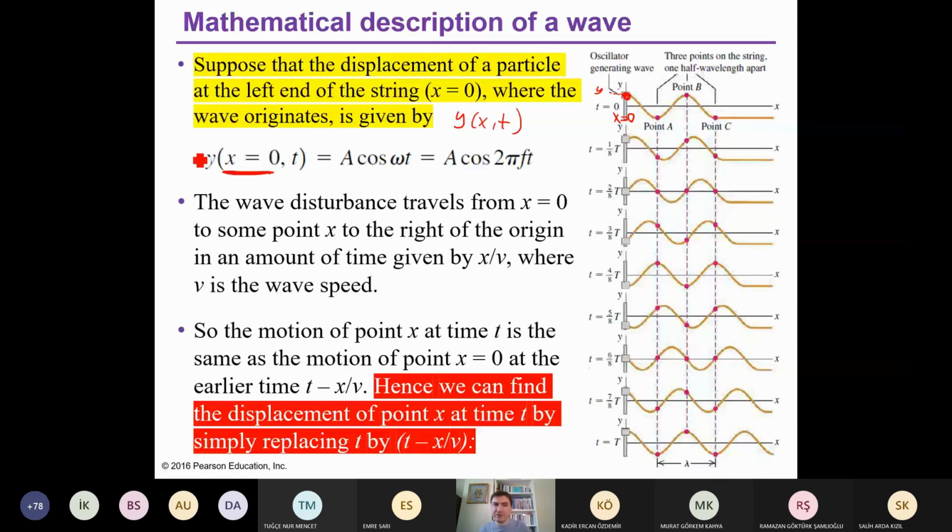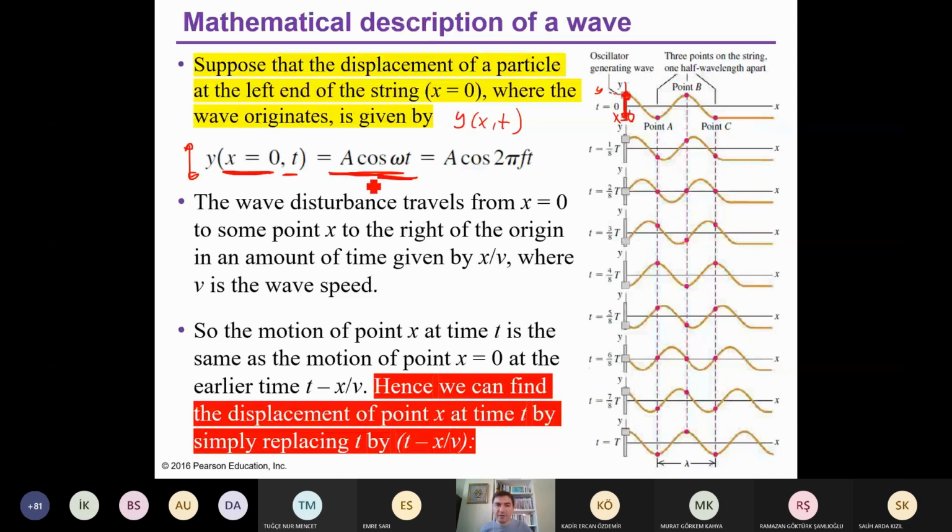This y position of the particle will change up and down with time. This motion is given with a cosine omega t, which we found during the last lecture. This displacement of the particle is given with this expression, a cosine omega t.